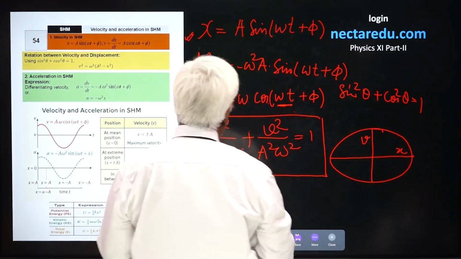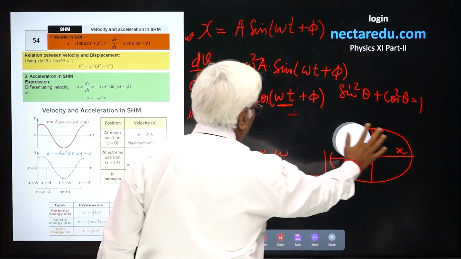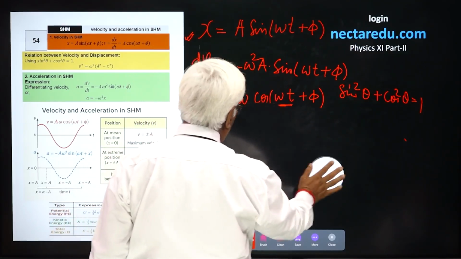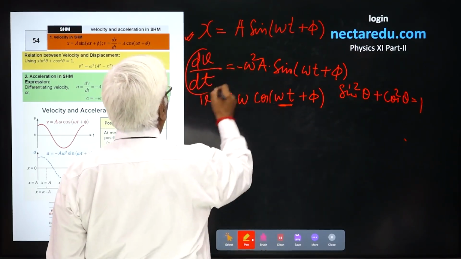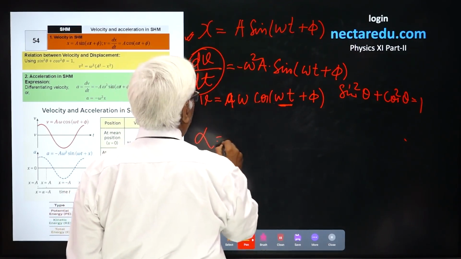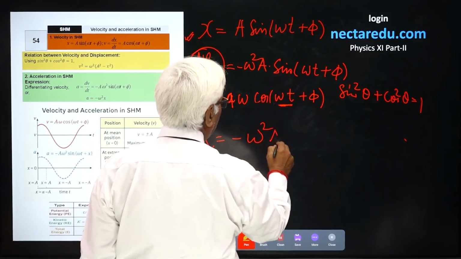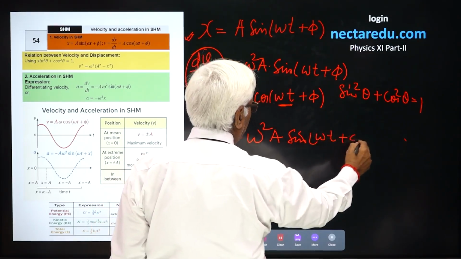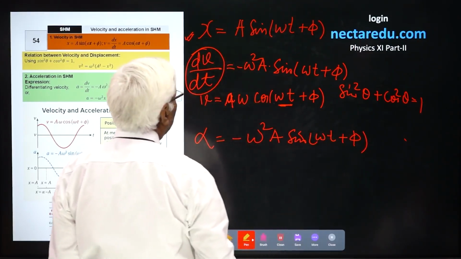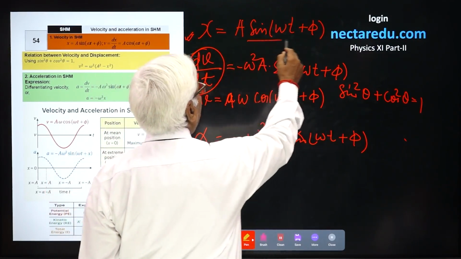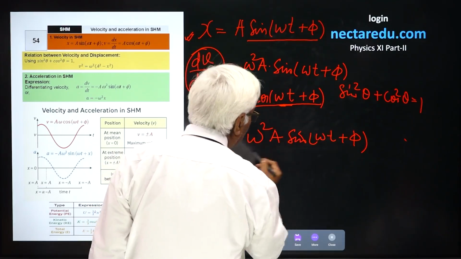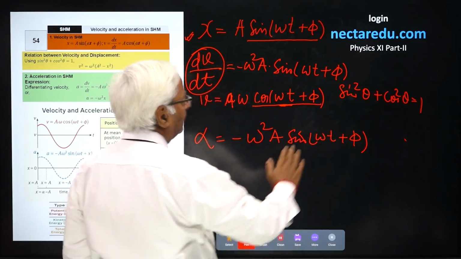You see, this is the acceleration. You are seeing on the board the equations for displacement, velocity and acceleration. This I would write like acceleration α = −ω²A sin(ωt + φ). You compare all three, it is sine, it is cos, then again it is minus sine.